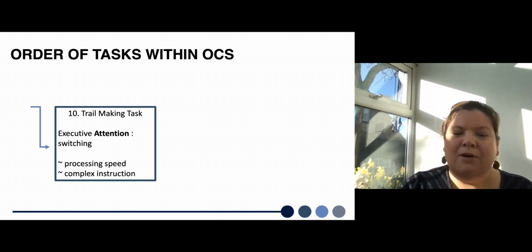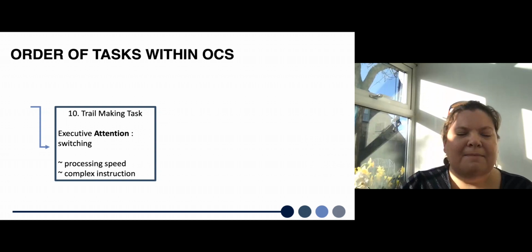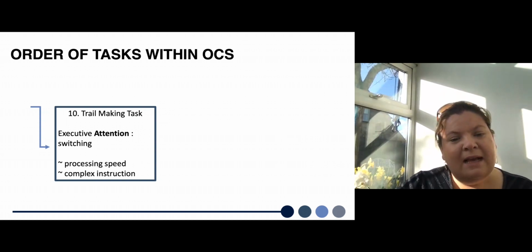In addition, because we're timing this, it gives you a little bit of an inclination into processing speed. So often, for those familiar with Trails A and Trails B, Trails A is also often used as a measure of processing speed, and here you can do similar. You can try and look at that.